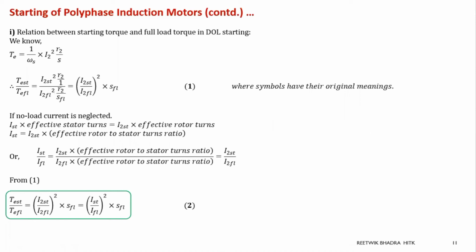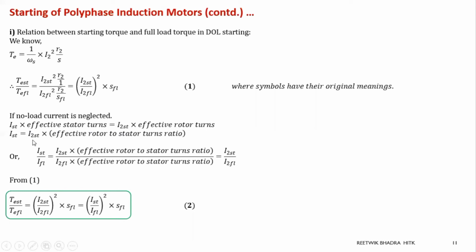So the stator side MMF will be equal to the rotor side MMF. So IST on the stator side multiplied by effective stator turns, N into I, and N into I on the rotor side will be I2ST, 2 means rotor, into effective rotor turns.